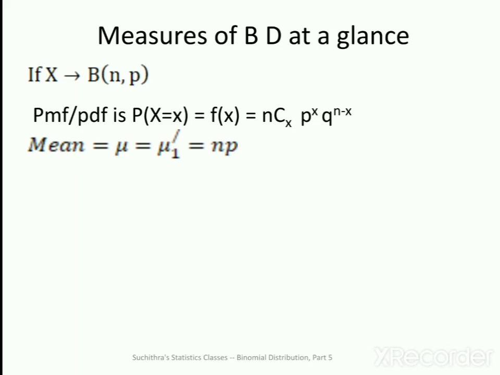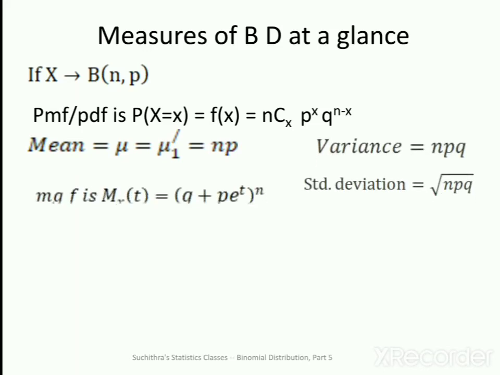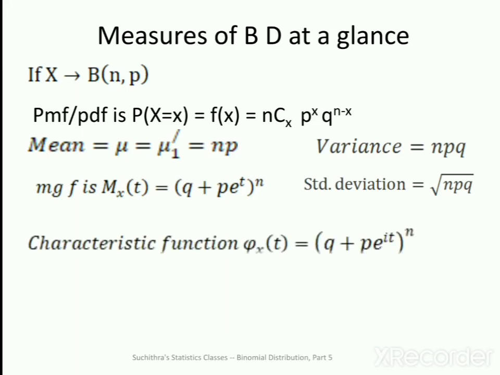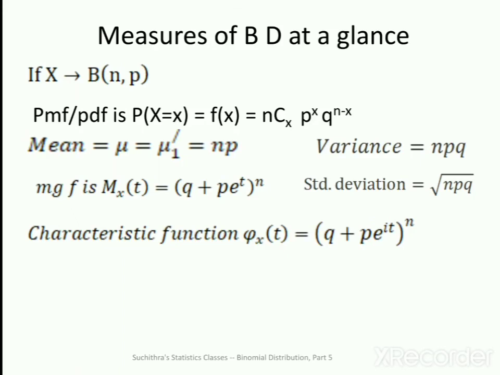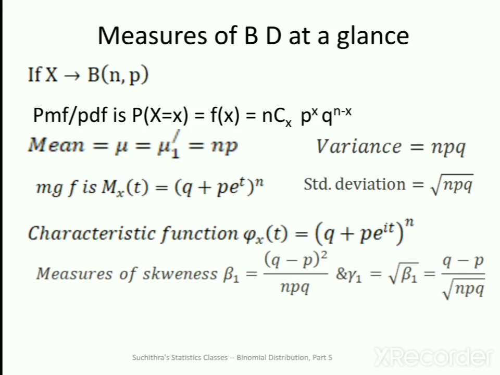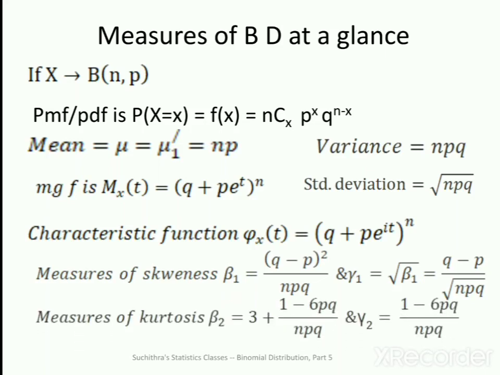Mean is np, variance is npq, standard deviation is root npq, moment generating function is (q plus p e raised to t) all raised to n, characteristic function is (q plus p e raised to it) all raised to n, beta 1 is (q minus p) whole square by npq and gamma 1 is q minus p divided by root npq, beta 2 is 3 plus (1 minus 6pq) by npq and gamma 2 is (1 minus 6pq) by npq.